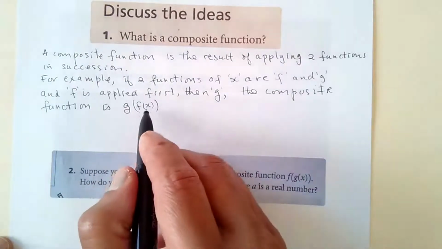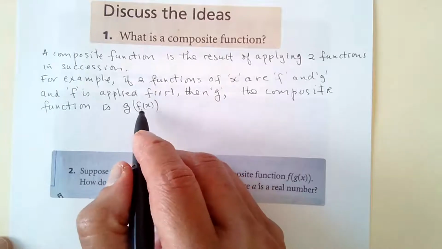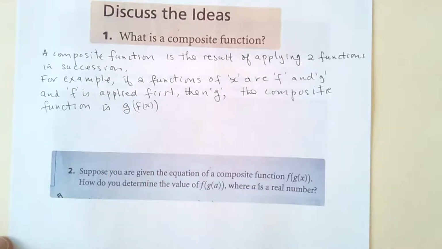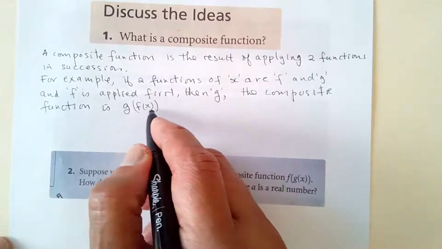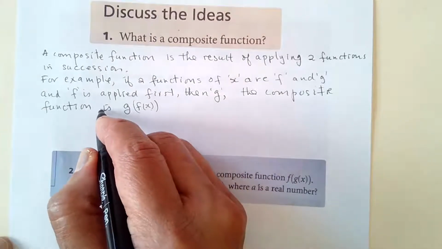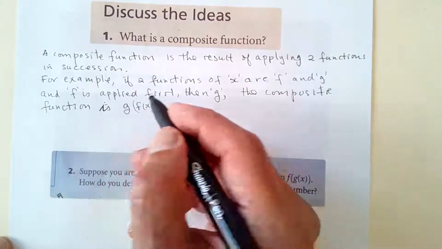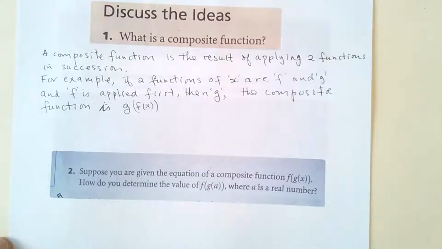So you apply the f first, and this is how it's written. It's similar to order of operation where you do the brackets first. You do the brackets first, then you continue to the outside.